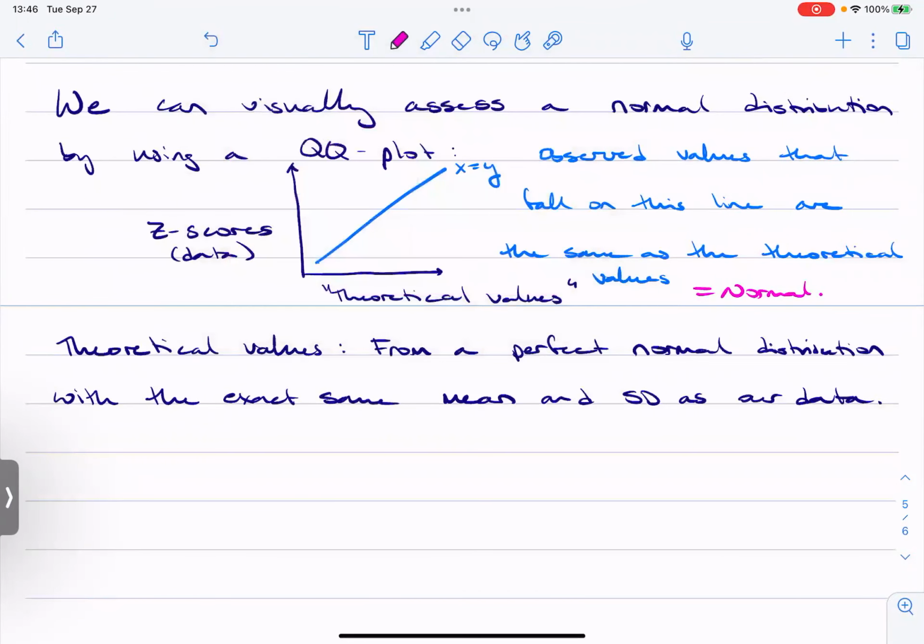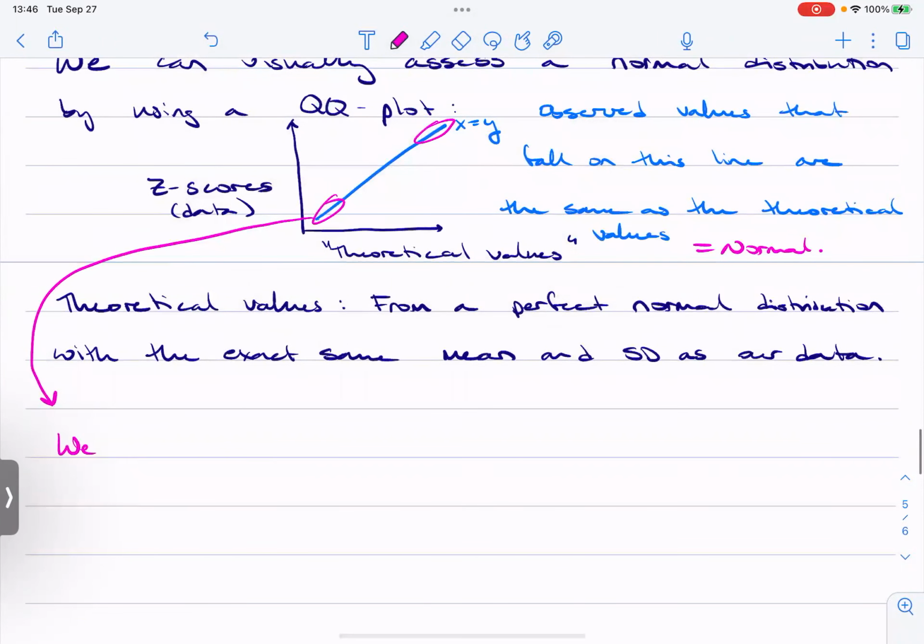We allow some deviation in the tails, but in order to be considered normal, most of the points should fall on this straight diagonal line.